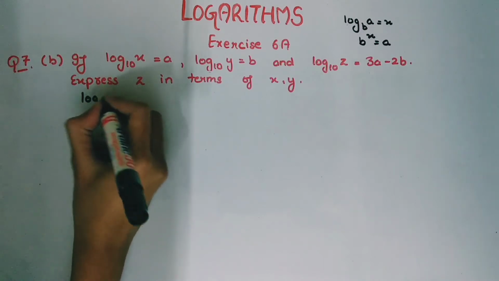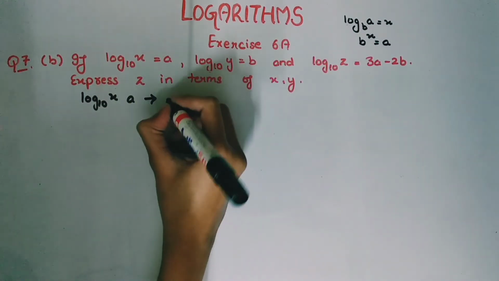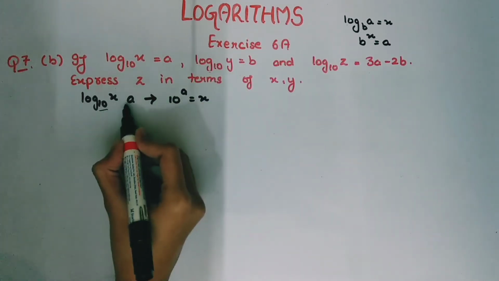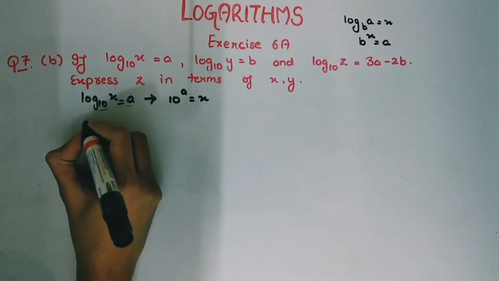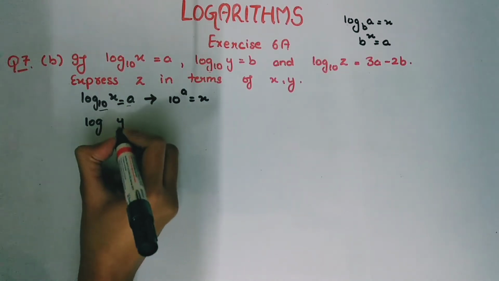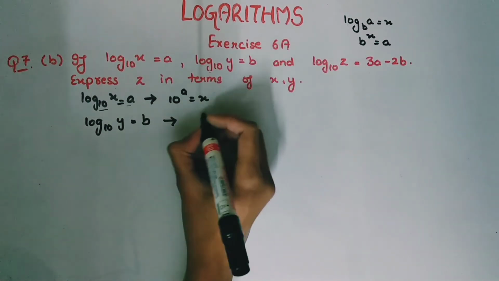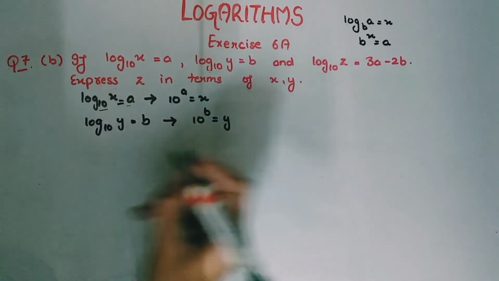Log of x to base 10 is a, when written in exponential form, will be 10 raised to power a is equal to x. Similarly, log of y to base 10 is equal to b. In the exponential form, this will be 10 raised to power b, which is equal to y.